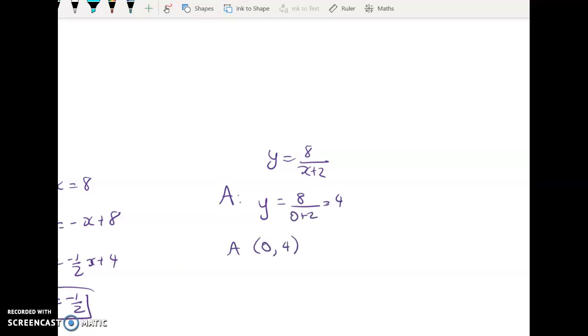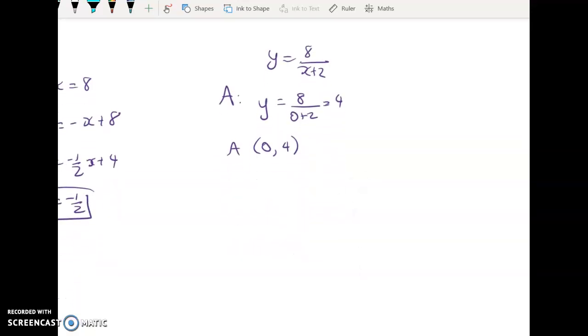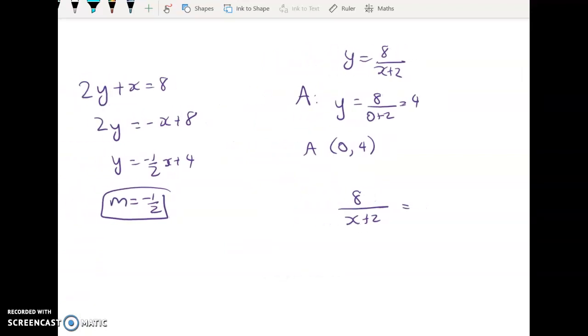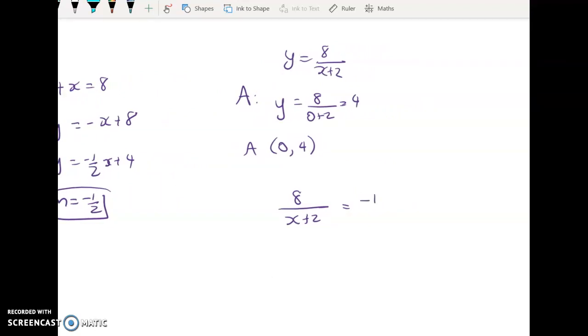Next, I need to find the intersection of those 2 functions. So what have I got? Well, I've got 8 over x plus 2 is equal to my rewritten function. So is equal to -1/2 x plus 4. Now, lots of ways that you can do this. I did it by getting a fraction for once, actually putting something into a fraction on the side.